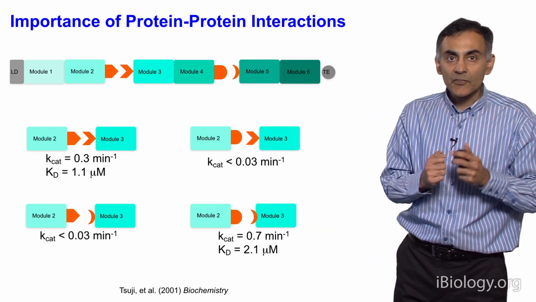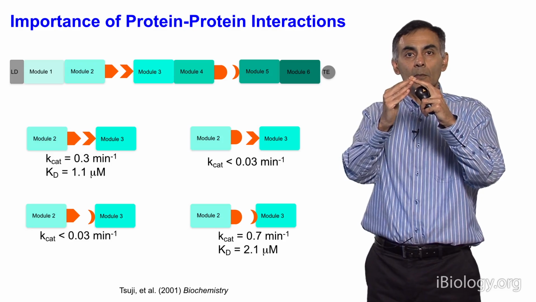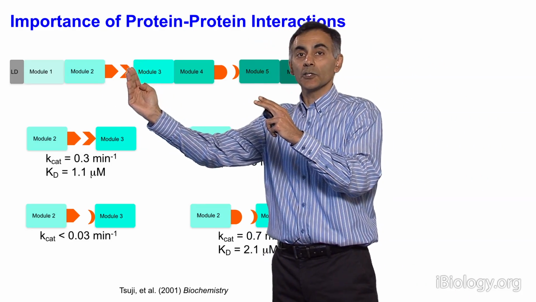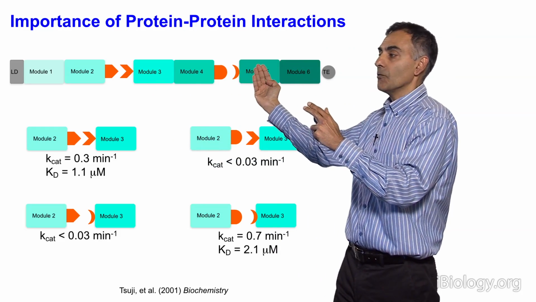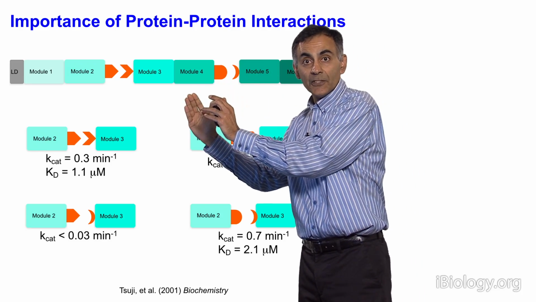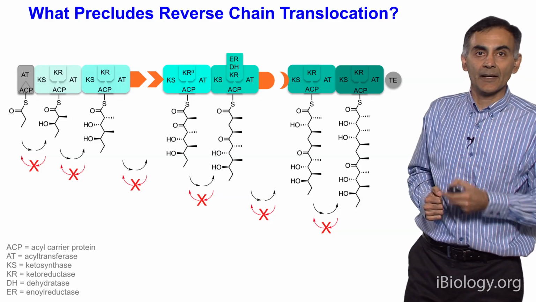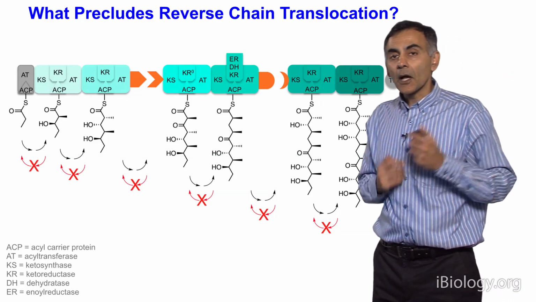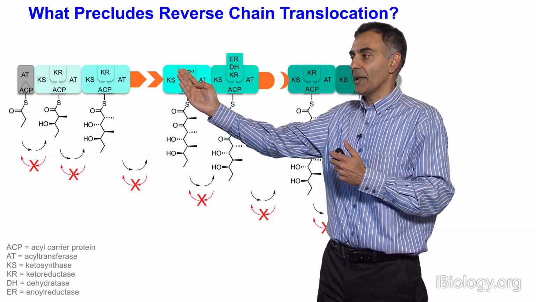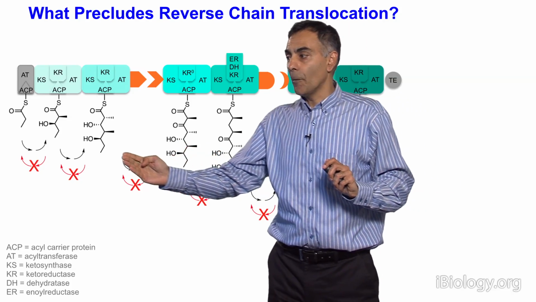And so now you see how these matching docking sites provide for the ability for module 2 to talk to module 3 as opposed to module 5 or any of the other modules. So you're seeing the establishing of directionality off the back of protein-protein interactions. Now what the Gokhale-Tsuji experiments do is they tell us why module 2 talks to module 3. What they don't tell us is why don't chains go back and forth?